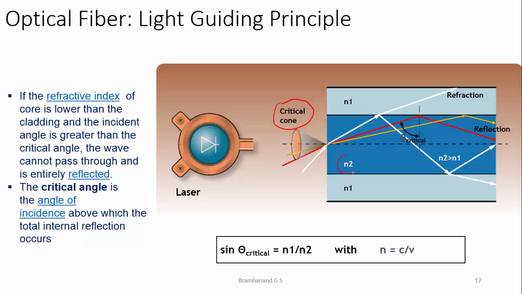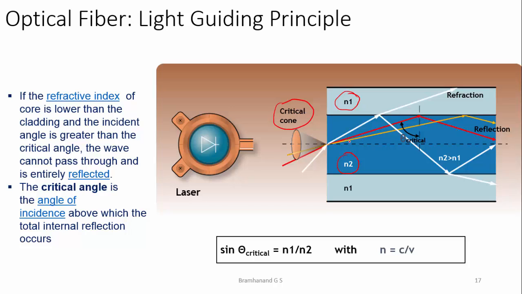The refractive index of core is different from the refractive index of cladding, so that because of the change in the refractive index, my light will get reflected back. But the angle of incidence has to be greater than the critical angle for the light to reflect back.